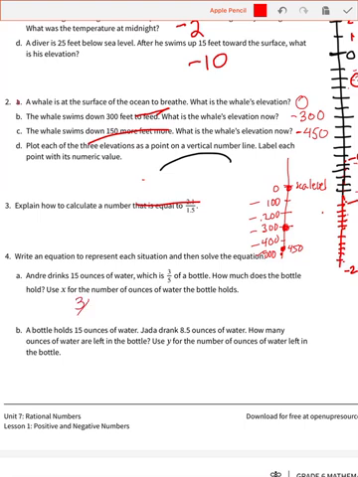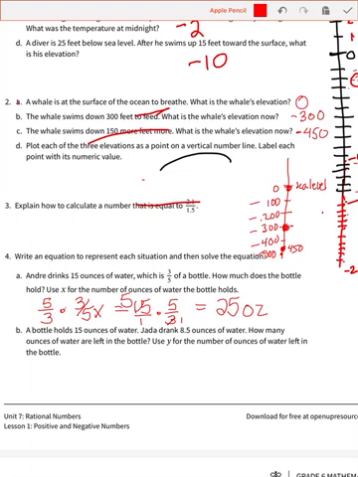So 3/5 X equals 15. And then to solve, we're going to multiply both sides by the reciprocal of this, which is 5/3. 15 over 1 times 5/3. This cancels out. So the bottle holds 25 ounces.